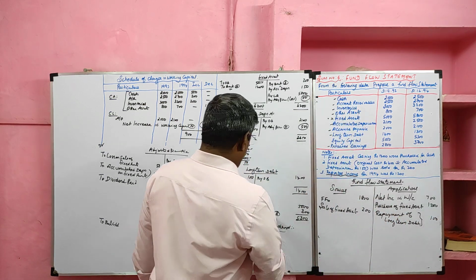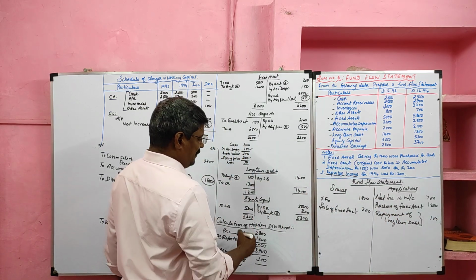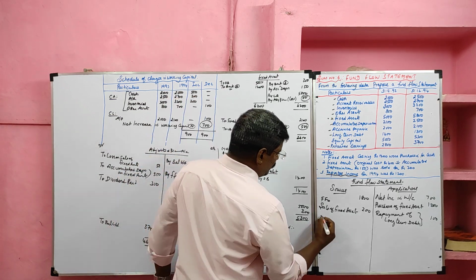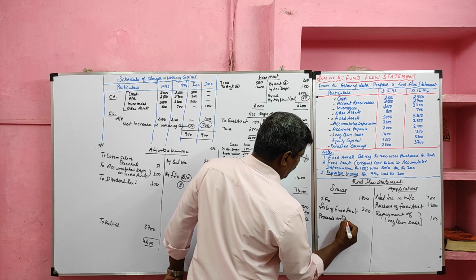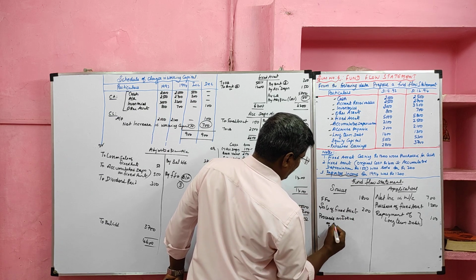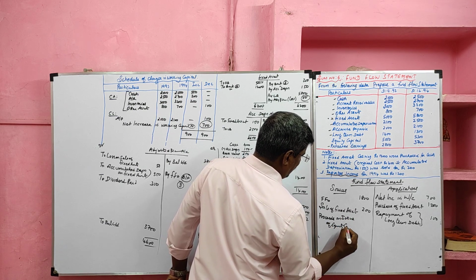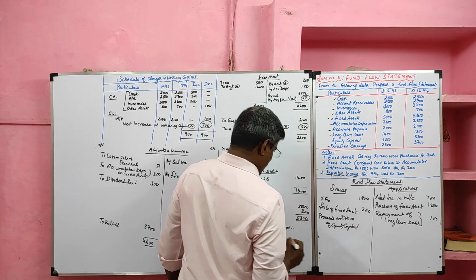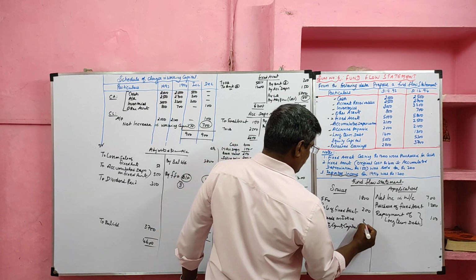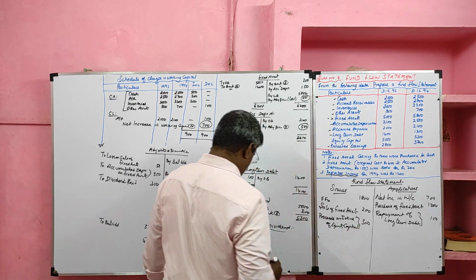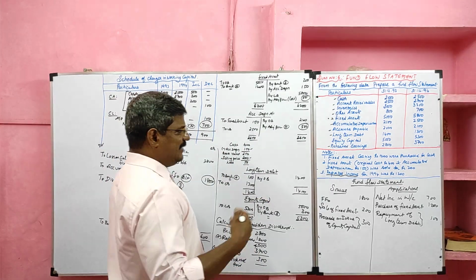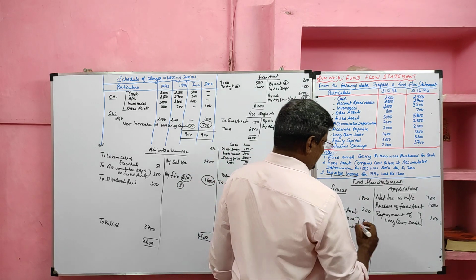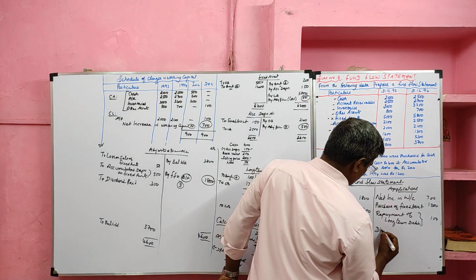Then equity share capital, the balancing figure appears in the credit side, that we call proceeds on issue of equity capital. Its value rupees 300. Then we ascertained hidden dividend. That hidden dividend will appear in the application side of fund flow statement.